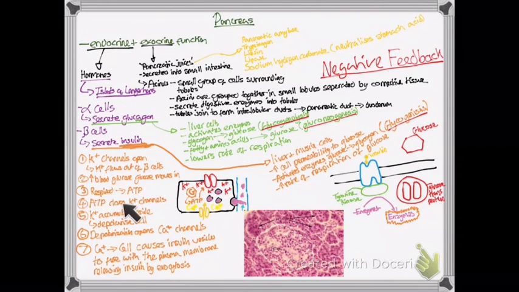The calcium then enters the cell, causing insulin vesicles, where the black bit's the vesicle with insulin inside, to fuse with the plasma membrane, releasing insulin by exocytosis. So here we've got our cell, calcium enters, and the presence of calcium causes these insulin-containing vesicles to fuse with the cell membrane. When they do, by exocytosis they release the insulin into our blood vessel.